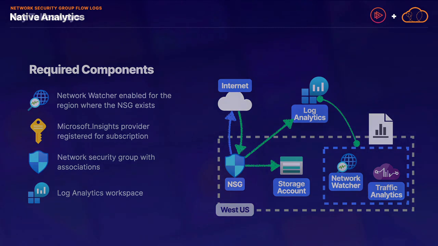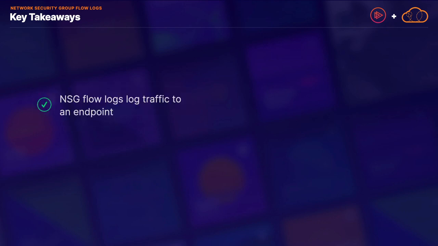Now, the key takeaways here from this lesson on NSG flow logs consist of a really short list, and that's because NSG flow logs is a relatively simple component of extending our network security groups. One of the first is to understand that NSG flow logs log traffic to an endpoint, such as our storage account or a log analytics workspace if we're using traffic analytics.